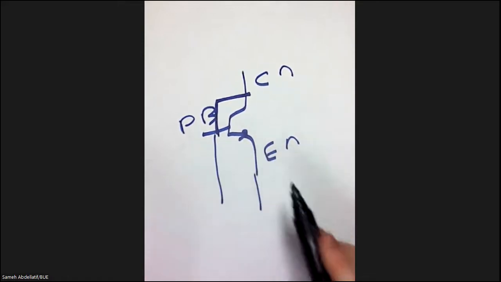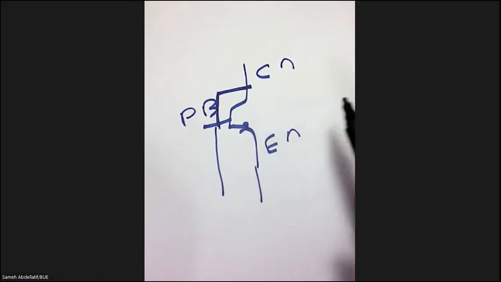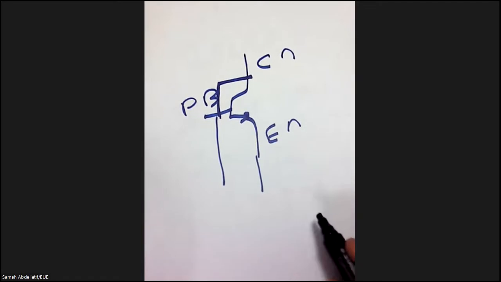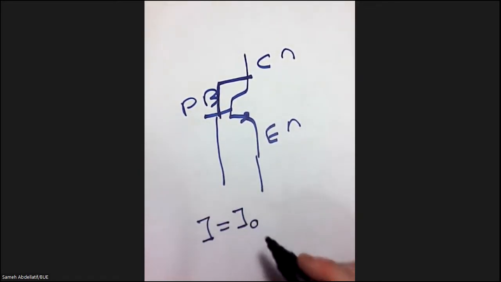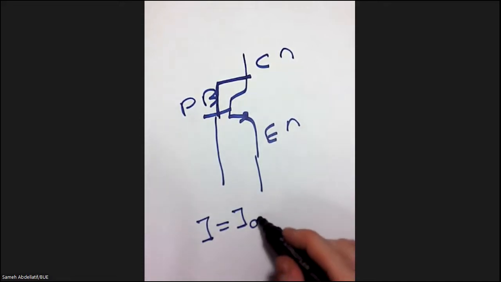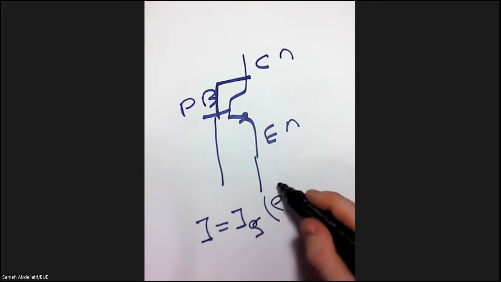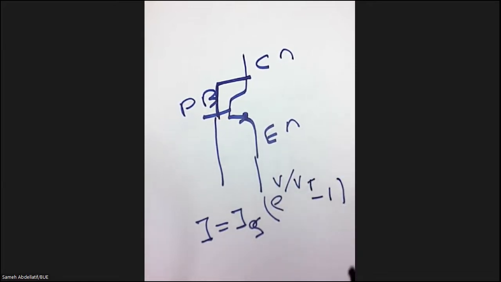Here, the VBE represents the voltage across the diode and I is the current flowing. So you can write a very simple equation saying that I equals I0, and sometimes we call it IS, the saturation current, times e to the power V over VT, minus 1.